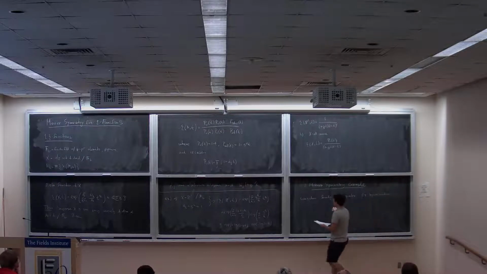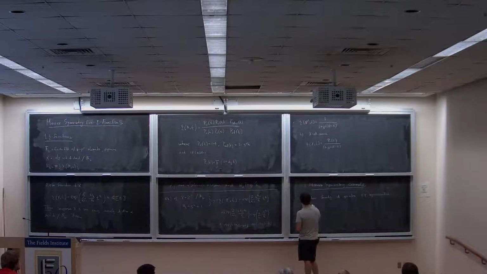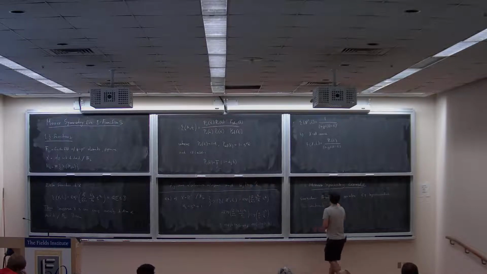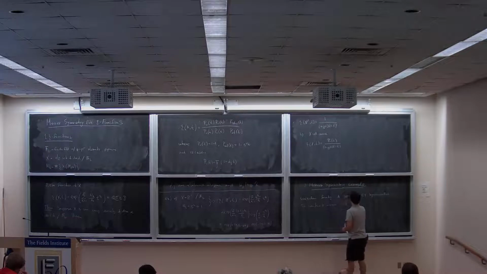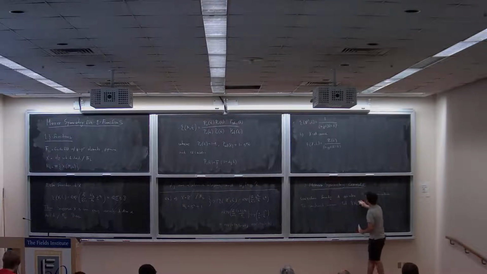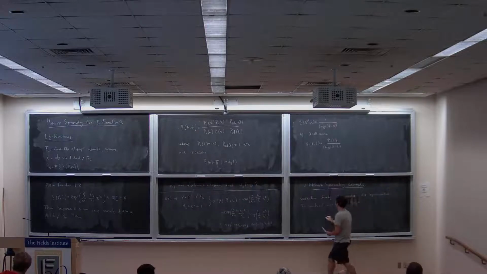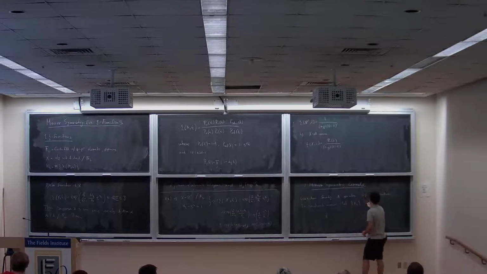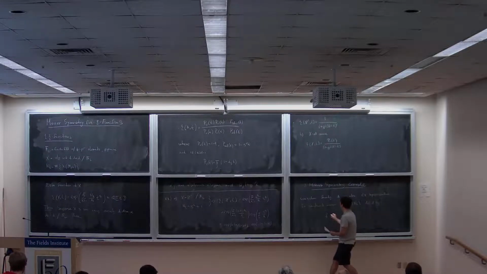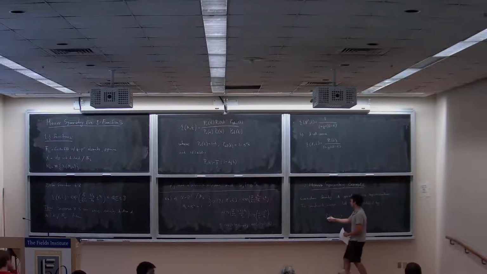And now to construct a mirror family, let X_lambda consist of the one parameter family of guys defined by f of x0 to x4, and I'm going to put a little subscript lambda here.